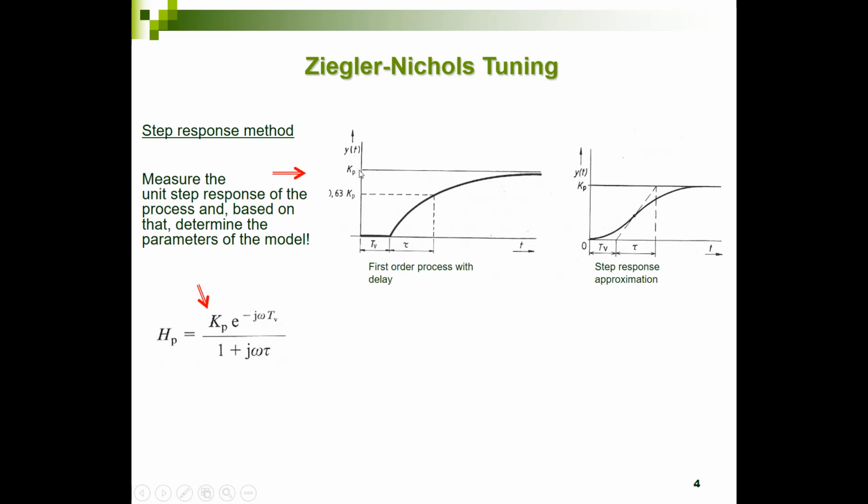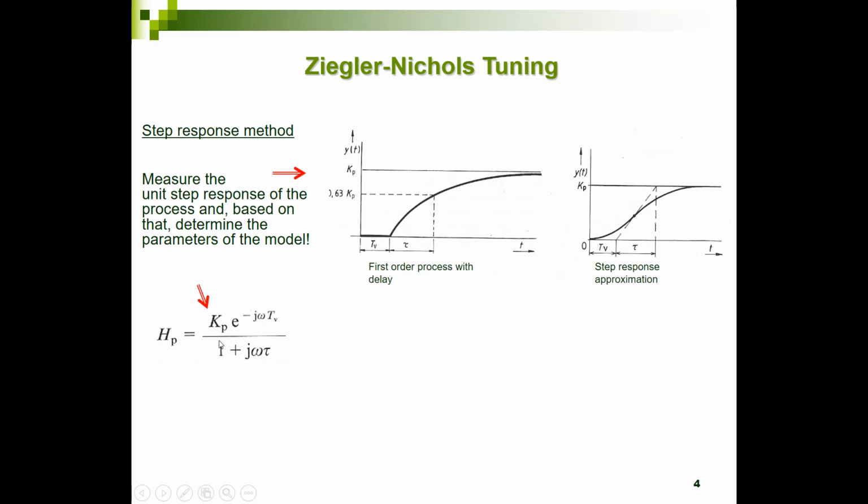And Kp is the static gain of my system. Well, in the static situation, everything is stable and constant, so all the derivatives of a static number, so a constant number, are zero. So also omega is zero. So in that way, my system, HP, is in a stable situation, Kp times 1 divided by 1, so it's Kp.